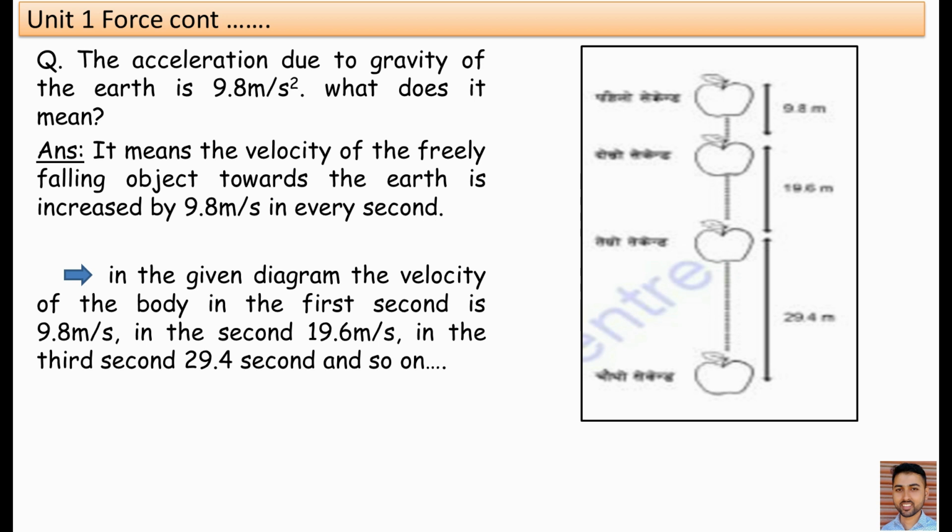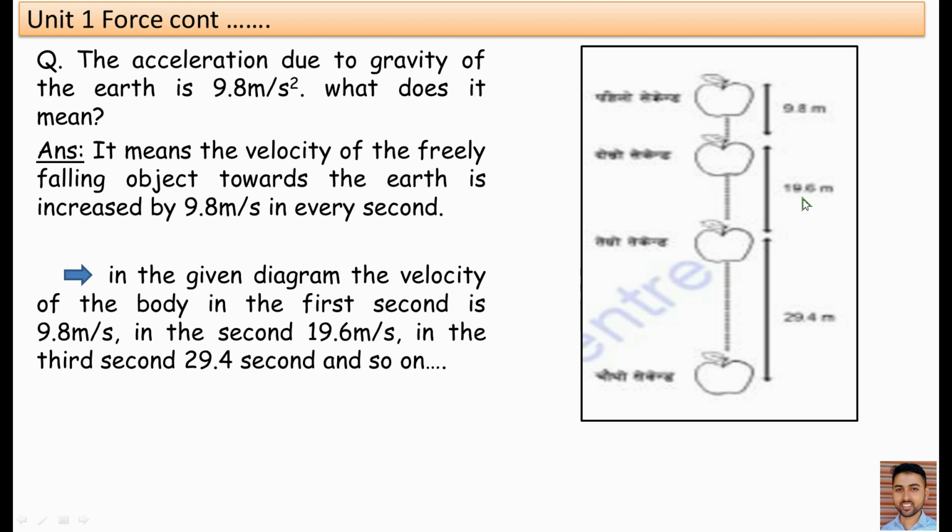In the given diagram, the apple is falling towards the earth. In the first second, the velocity of the body is 9.8 meter per second, and the distance traveled by the apple is only 9.8 meter.